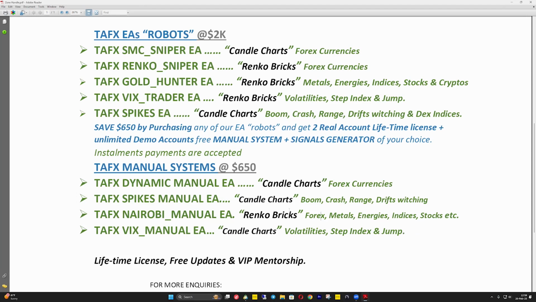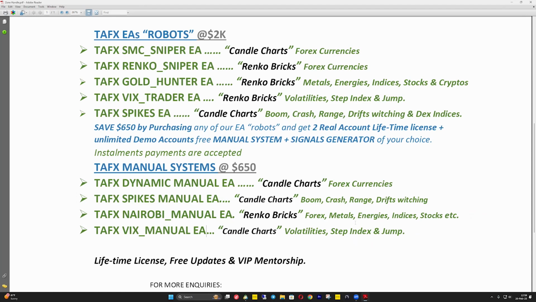The way the other one deals with metal and so on in your MT5, this volatility manual EA will deal with anything volatility, steps, and so on that is in that platform. And it's for candle charts. So this one also, don't forget, contains a signal generator. The manual systems here will be sending signals.